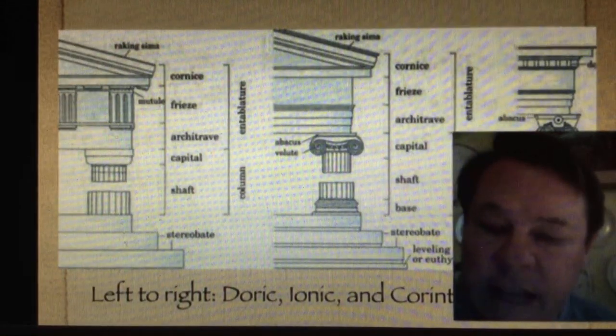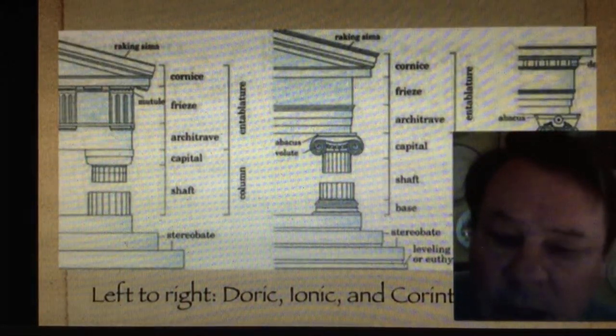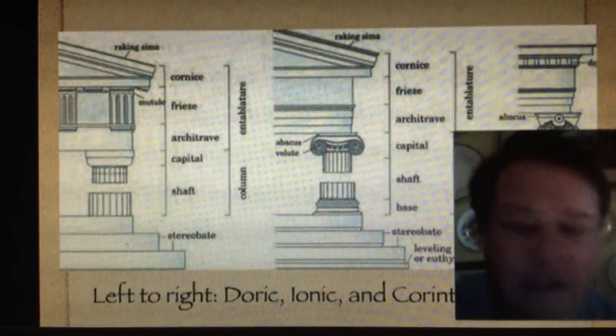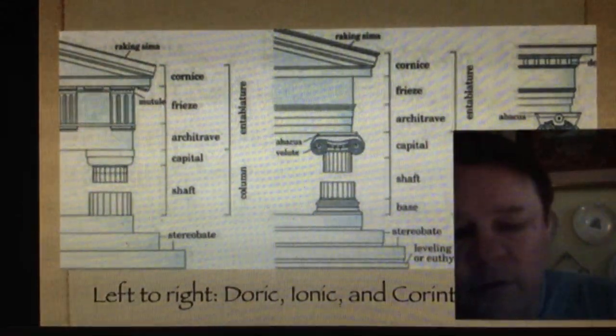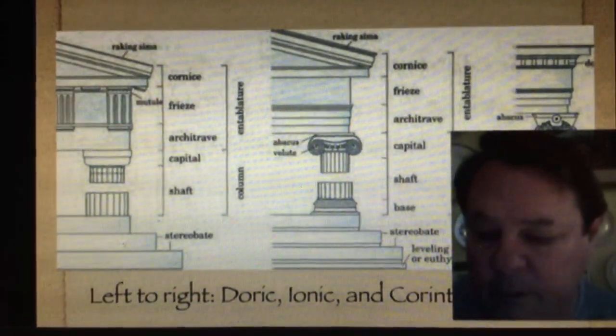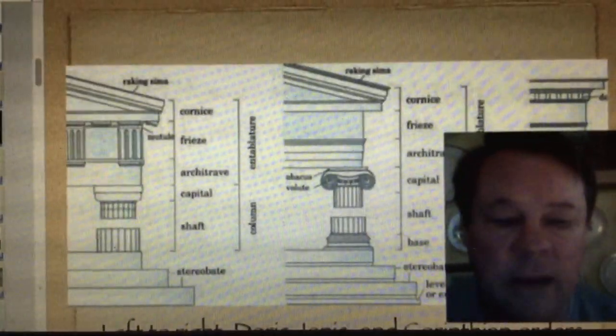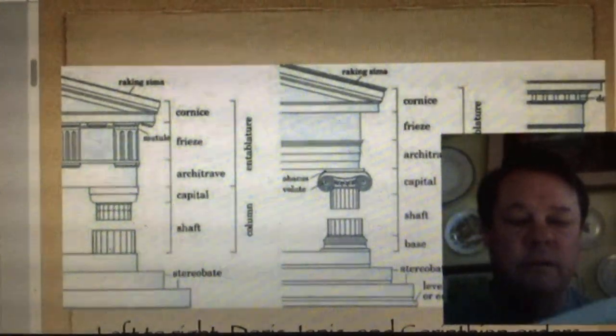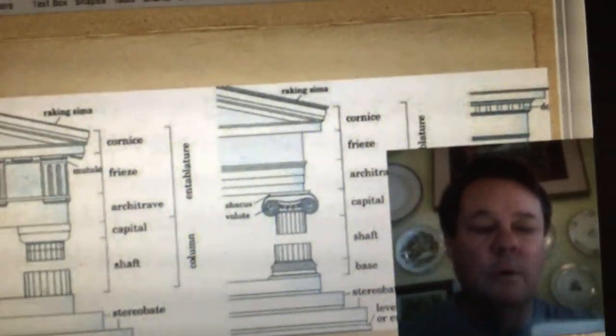You see the second one is like a scroll, and you see that the scroll there is called Ionic, and the third one is the more decorative type. I'm going to switch here and see if I can get back on my camera. A scroll, just like the scroll would be a curved up piece of paper like this.